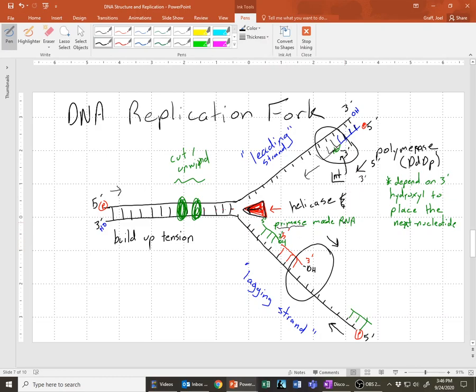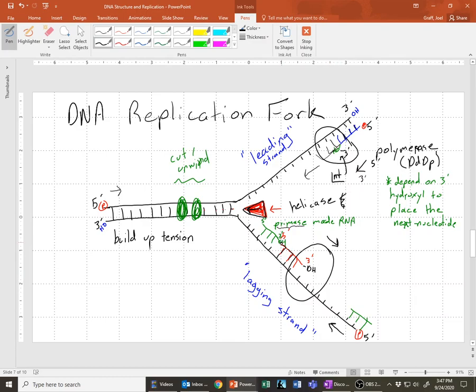And when it does that, it leaves the RNA sitting there, and this 3' hydroxyl on this green RNA stretch is going to work just fine to put in the next nucleotide of DNA, and then you start filling in your nucleotides, and the polymerase moves in this direction.